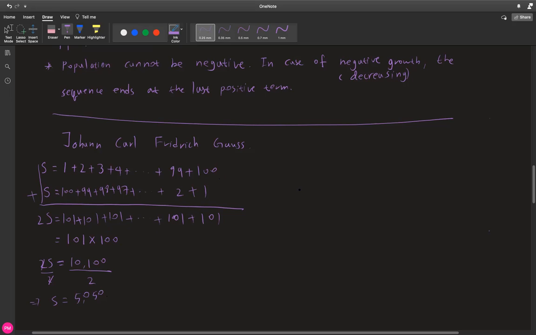So let's talk about the arithmetic sum formula. And let's do some examples about that. So we have the arithmetic sum formula.